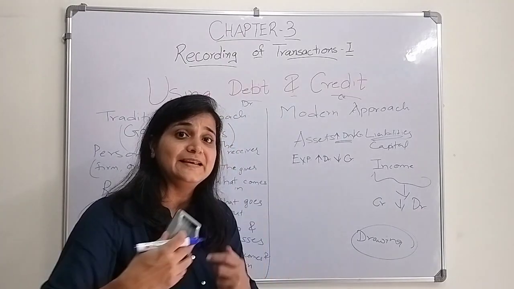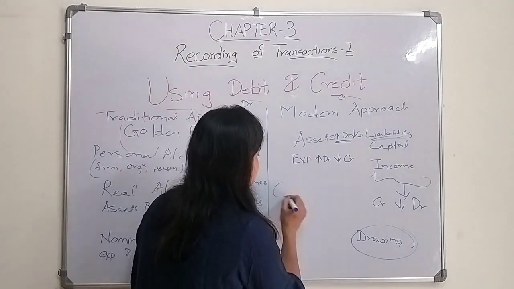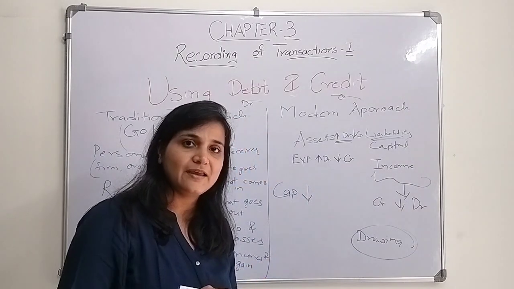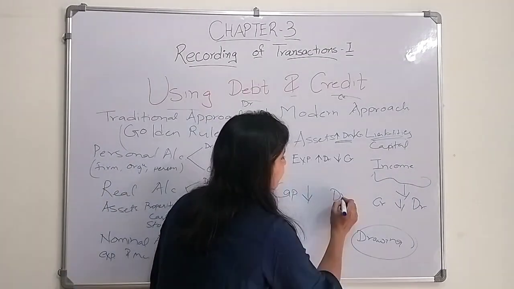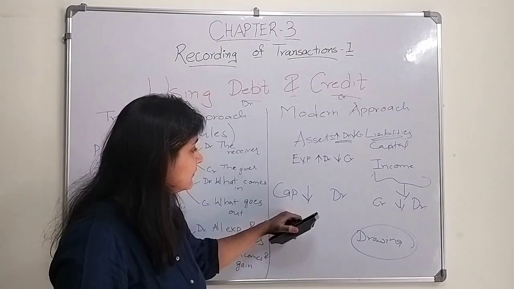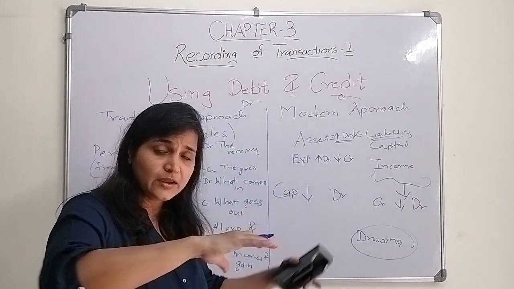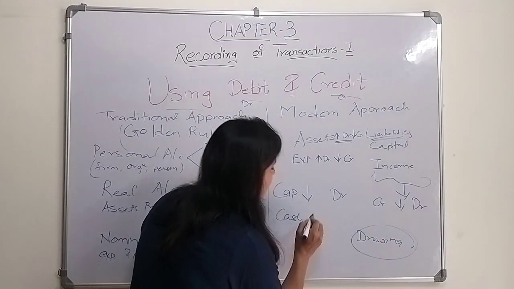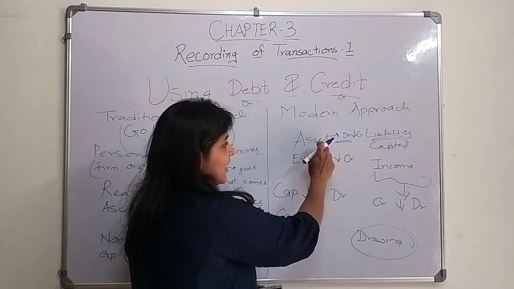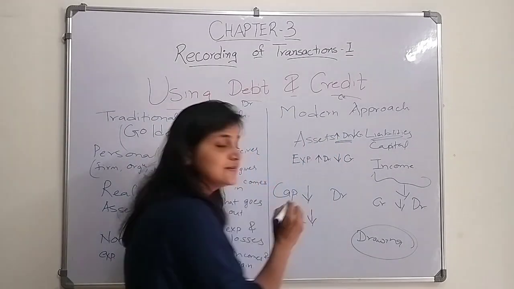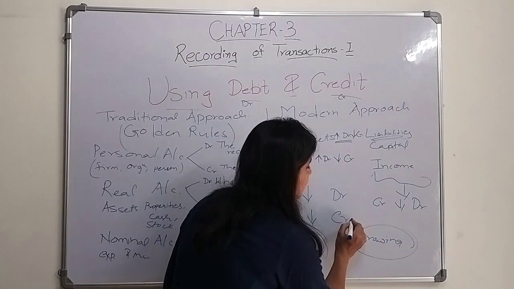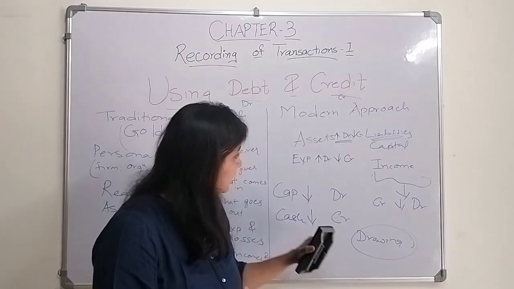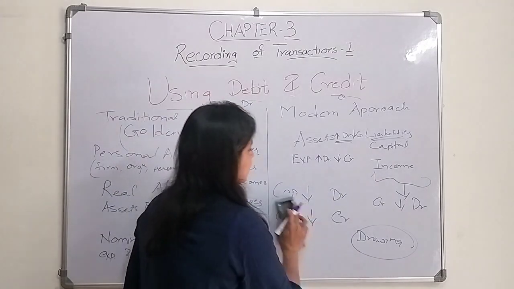My capital decreases, my capital reduces. What will I do? I will debit the capital account, and the cash is going out from the business. What is cash? Cash is an asset. That asset reduces. I will credit it. Okay, easy, fine. Then comes income.